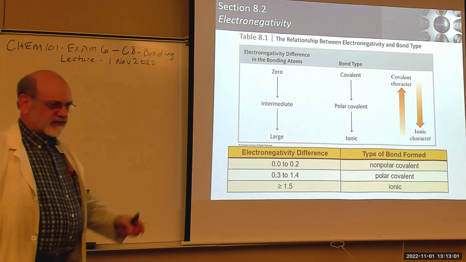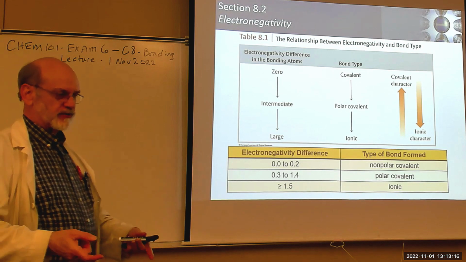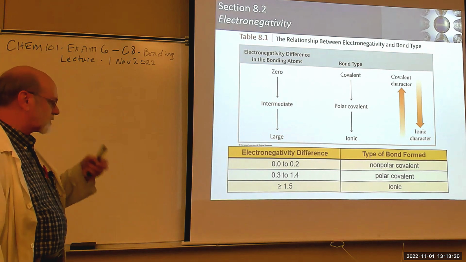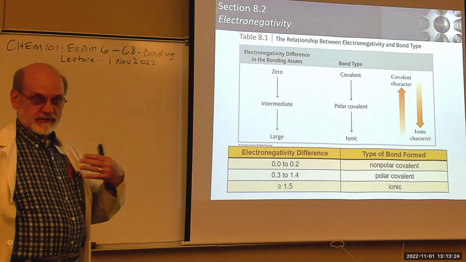Okay, so I mentioned earlier this trend, not trend, but a calculation. If you have two atoms and you know their electronegativity numbers, and we're sticking with the Pauling scale, then you look at the difference between their numbers.